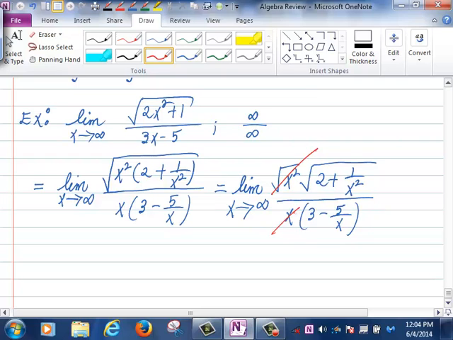So now as x goes to infinity, what is happening to this guy? 0. This guy is 0. So I am left with what? Root of 2 over 3, right? Root of 2 over 3. Everybody's okay?